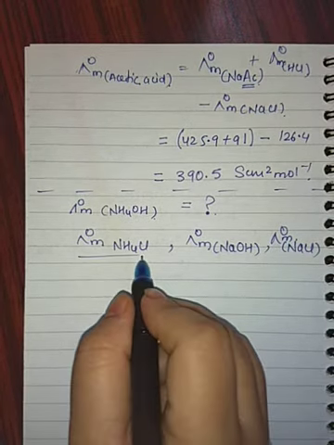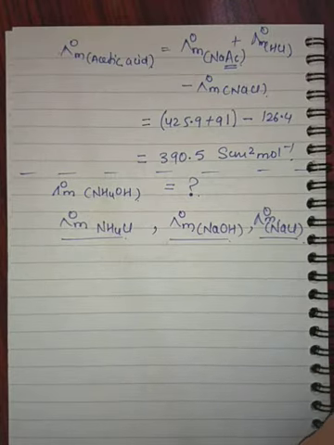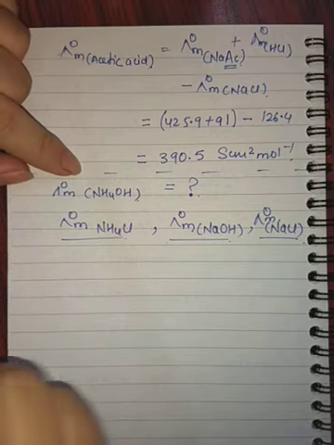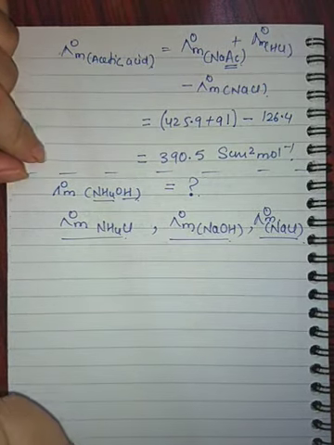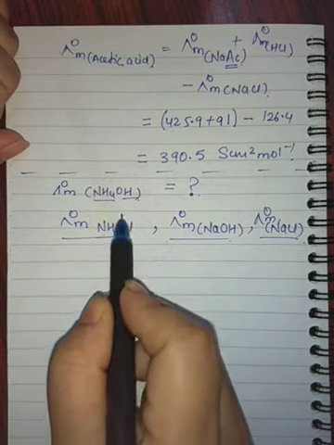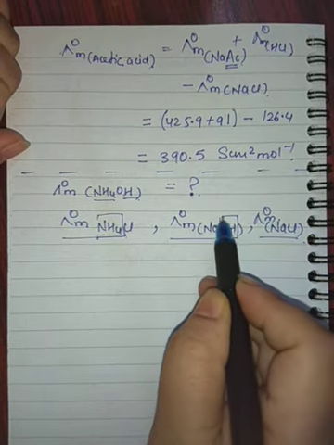Can you just work out which two you are going to add and which you will subtract from the remaining two? You want ammonium ion and hydroxide ion to be present in your electrolyte. Ammonium you are going to get from here, hydroxide you are going to get from here.